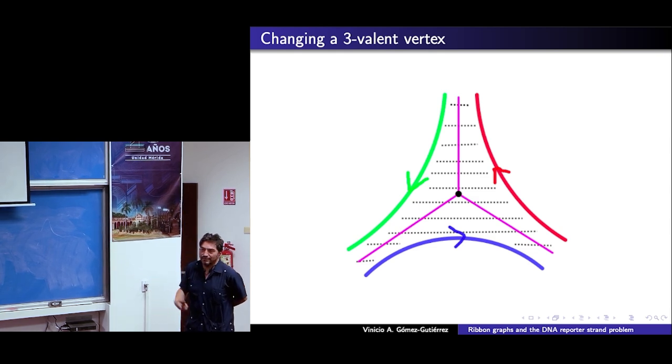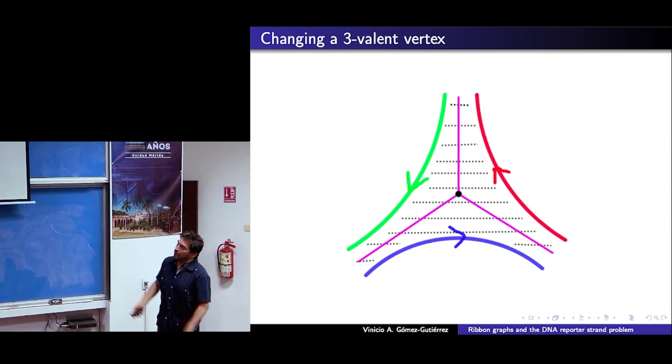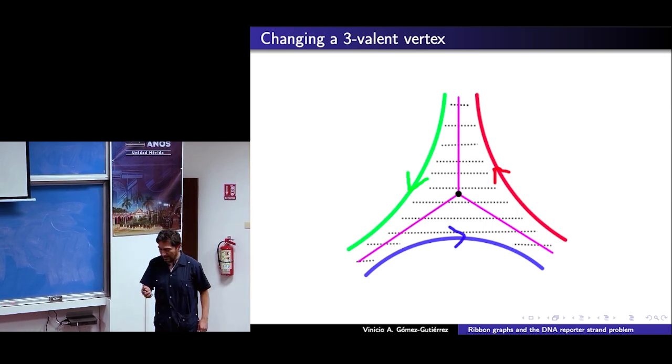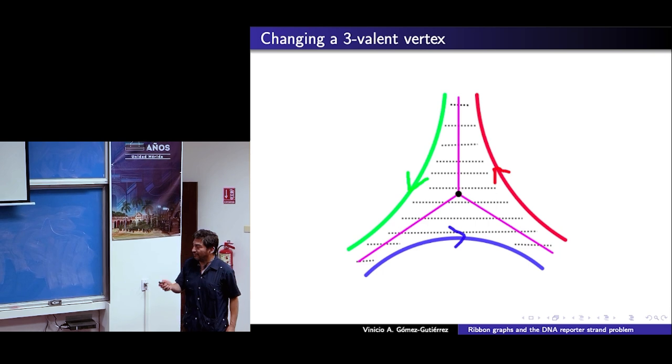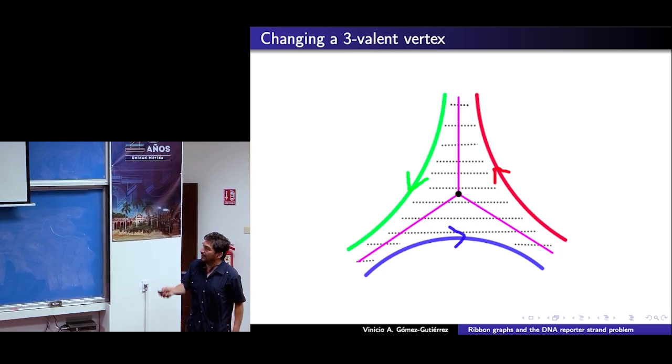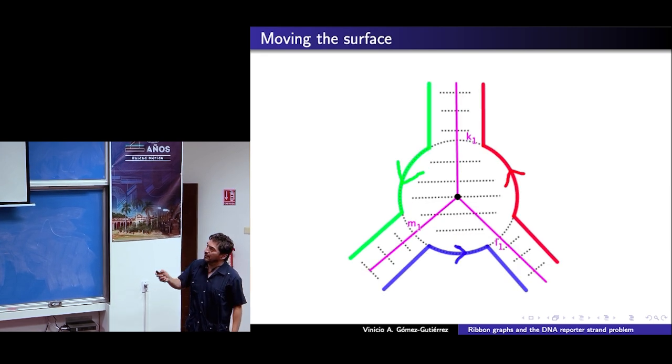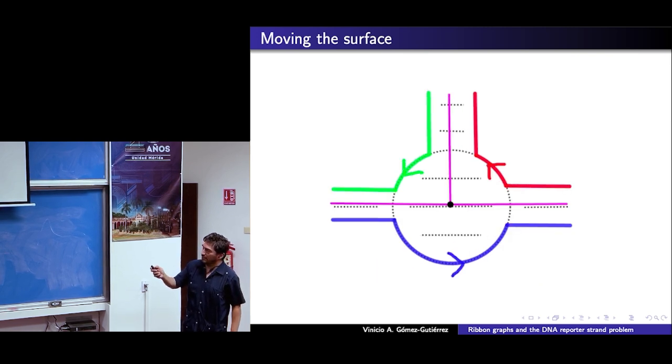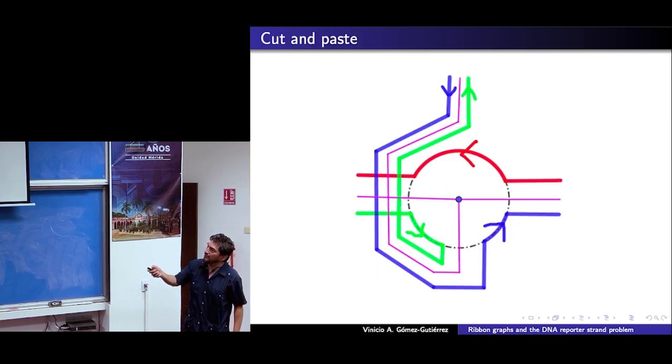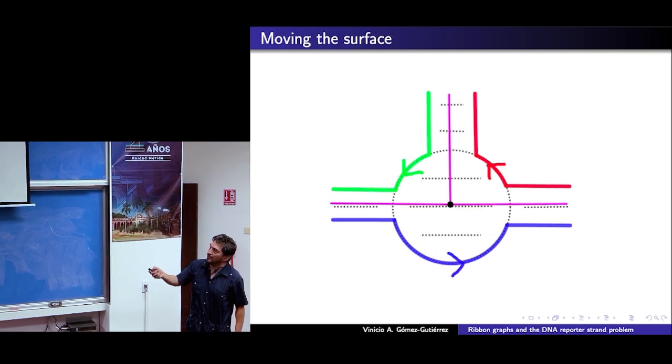I come to present one operation on the trivalent thickened graph. Consider the neighborhood of a trivalent vertex. I move the surface a little, and another little, cut and paste.